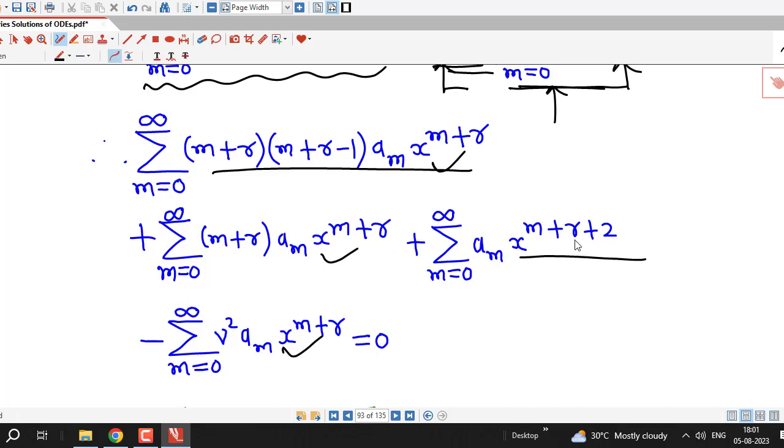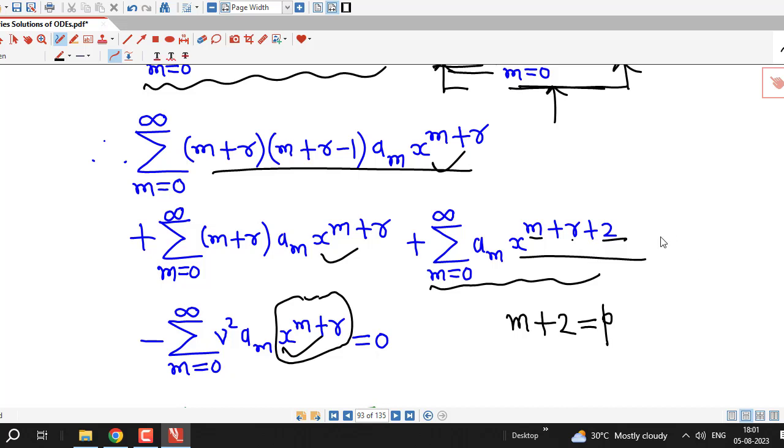So now I have to convert this summation into this type of power of x, that is, in terms of x raised to m plus r. For that we can see that with r we have m plus 2, so we can change this dummy index m to a new index, say p, by this change of variable, m plus 2 equal to p.